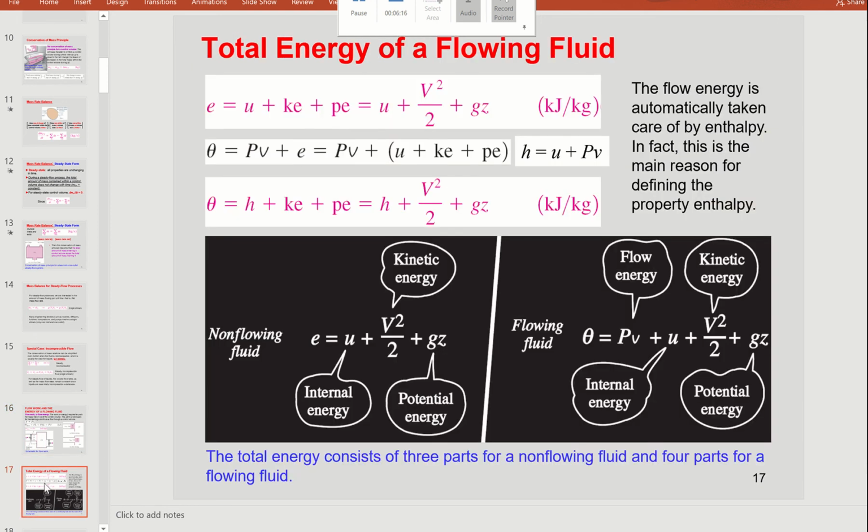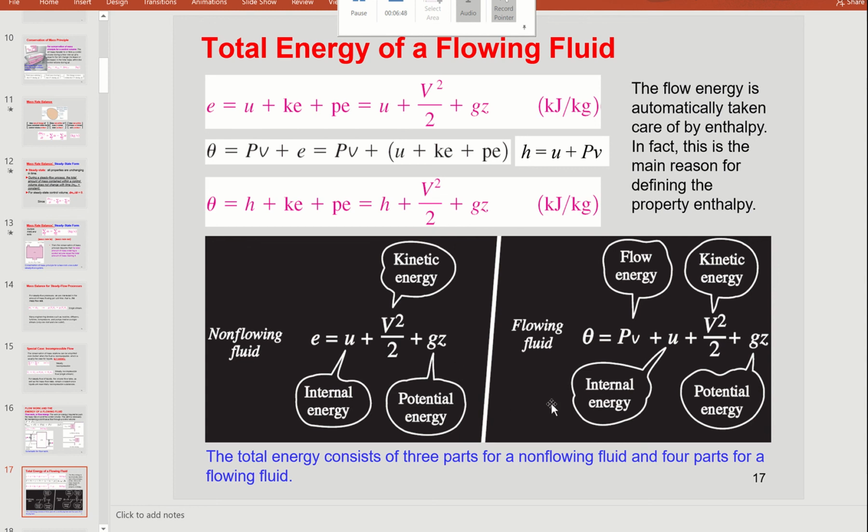Now let's think about when the fluid is not flowing, which means there's no mass coming in. What constitutes the energy? We have internal energy, small u. We have kinetic energy, half v squared; here we get rid of mass because we're looking at specific energy, divided by mass. Then we also have potential energy: instead of mgh, we get rid of m, so that's gh or gz.